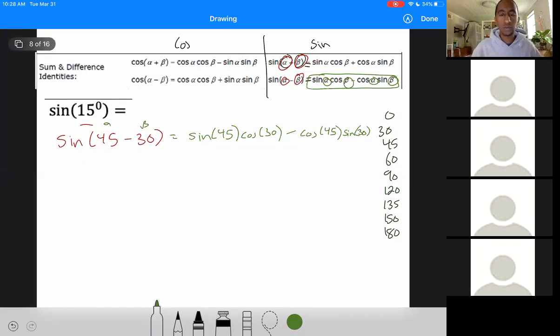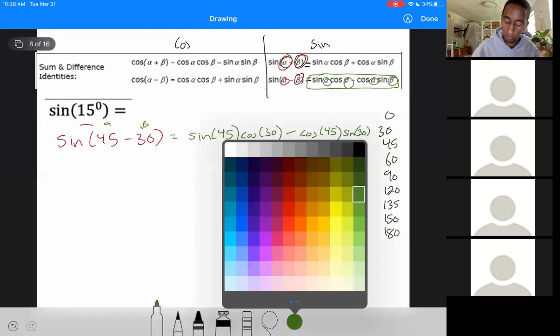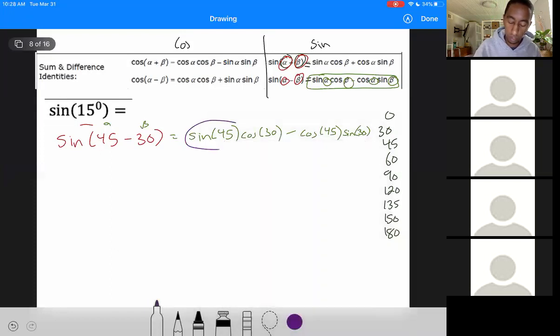All right. So what that allows us to do now is actually evaluate each of these individually, right? Because we can find sine of 45 by itself, cosine of 30, cosine of 45, and sine of 30 all by themselves, because those are values we know. So we just used the difference identity to separate it.